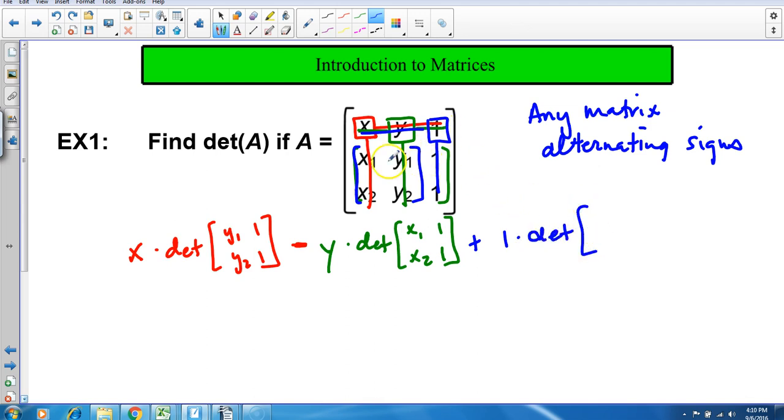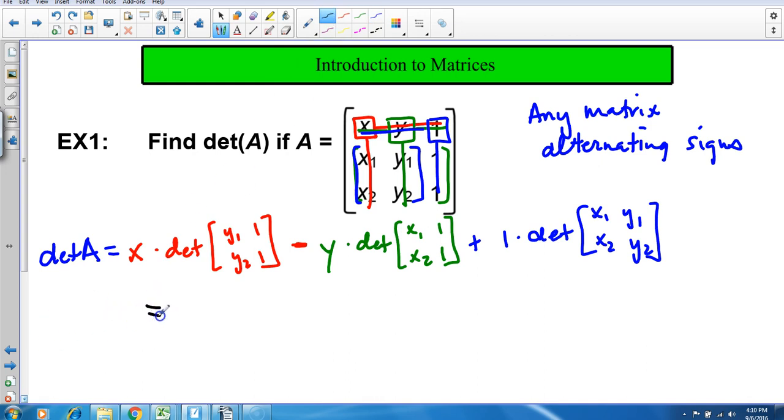So just to finish this up, we've got X1, Y1, X2, Y2. So this would be the determinant of matrix A equals this big long thing. Well, let's go ahead and simplify.